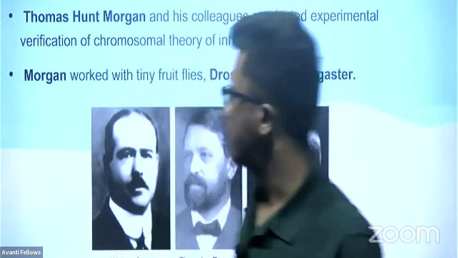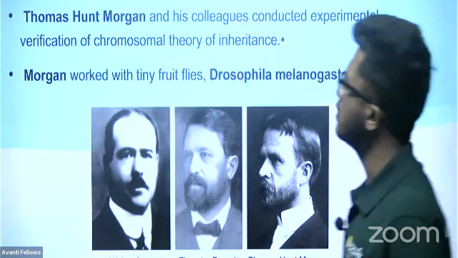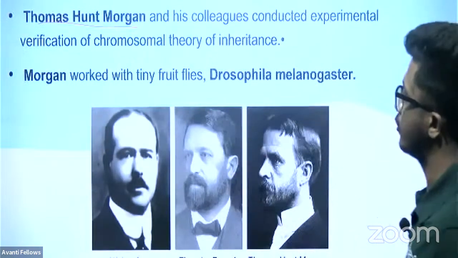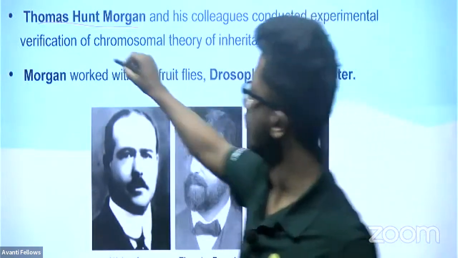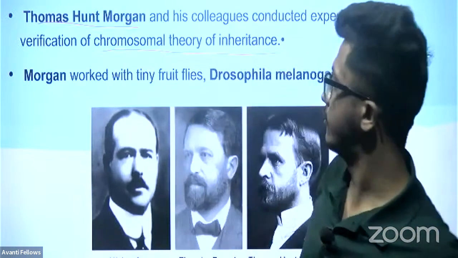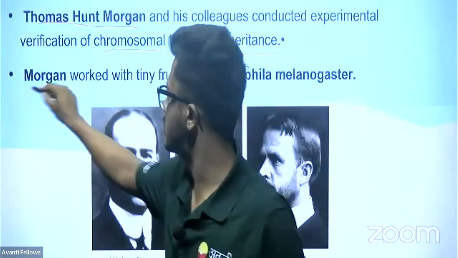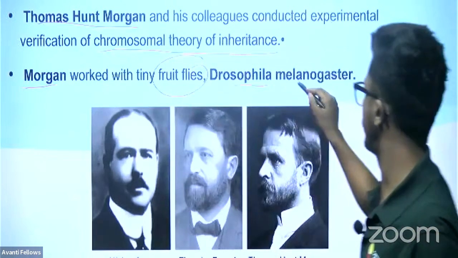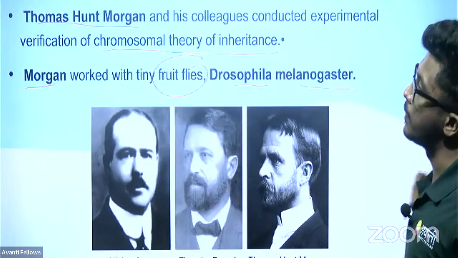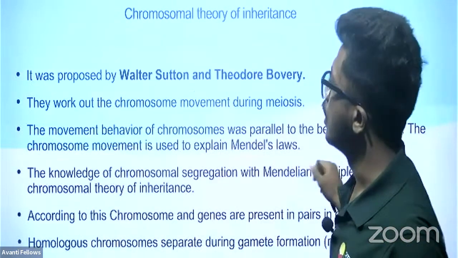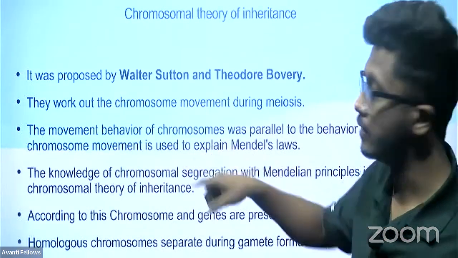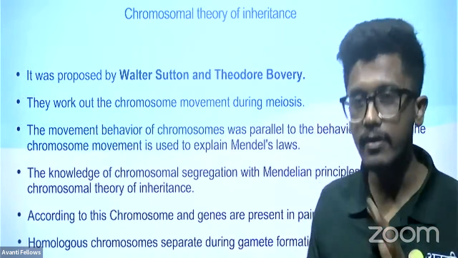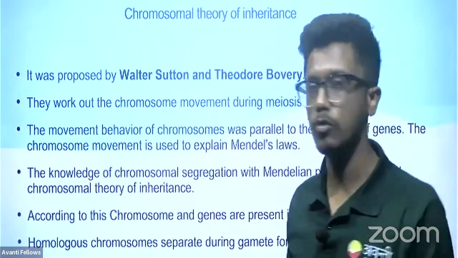I also told you that Thomas Morgan Hunt and his colleagues started experimentation on the chromosomal theory of inheritance. Morgan was the person who worked with fruit flies, Drosophila melanogaster. These two people, Thomas Morgan Hunt and Walter Sutton, were responsible for understanding that there is a very similar behavior between alleles and chromosomes.